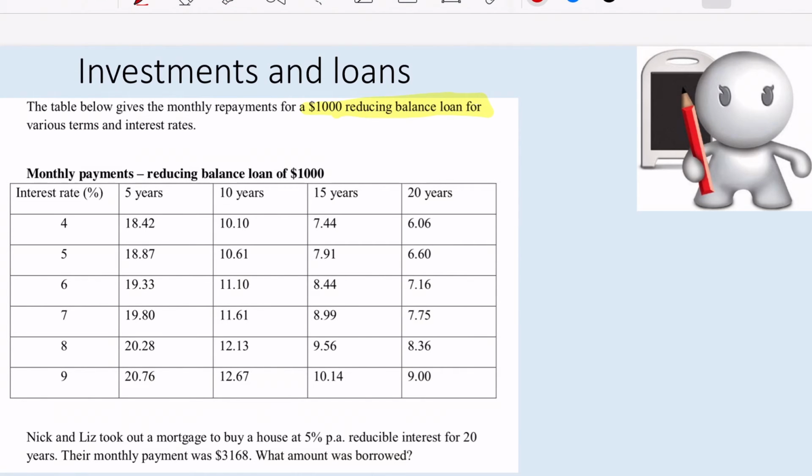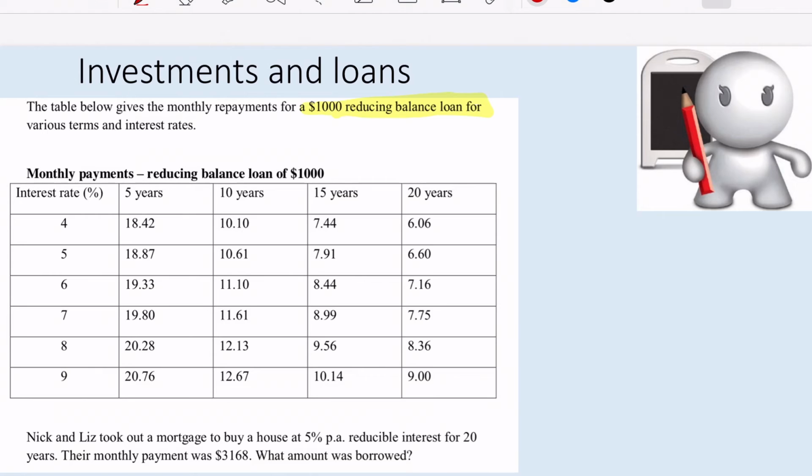Okay, so if I borrowed $2,000, I would need to double all of these. Okay, if I borrowed $10,000, multiply all of these factors by 10, and so on and so on and so on.